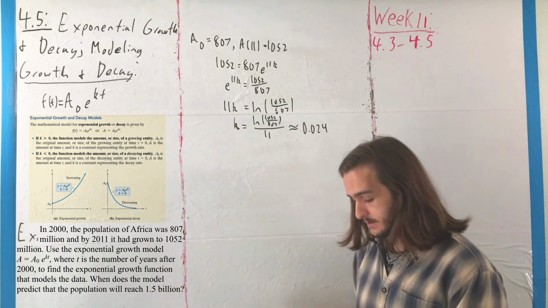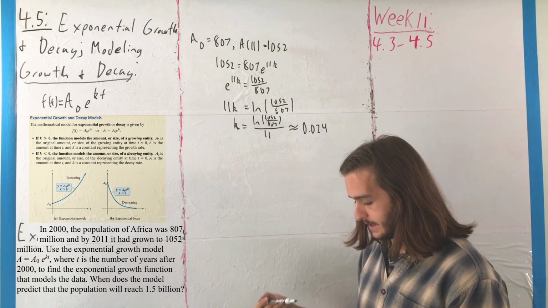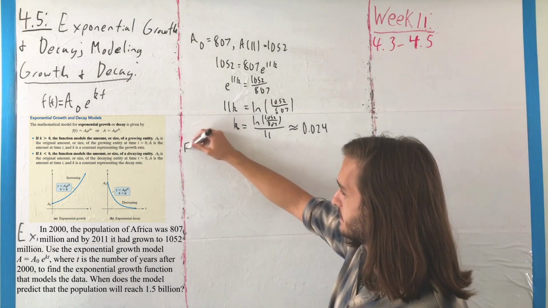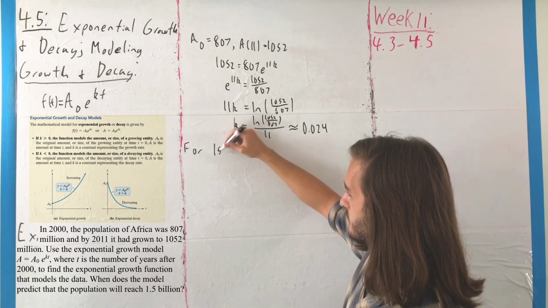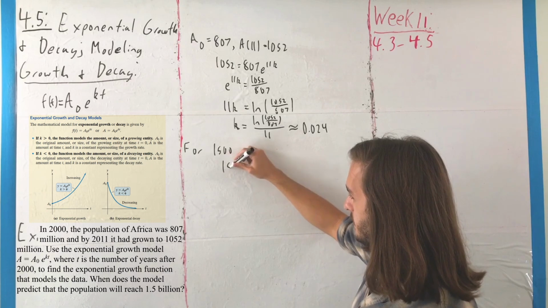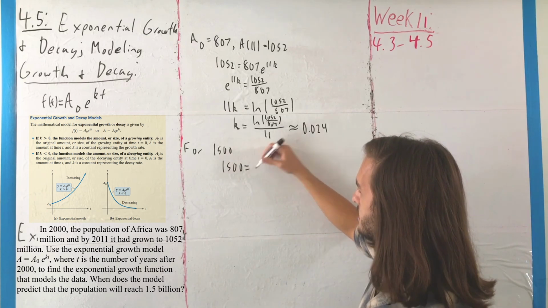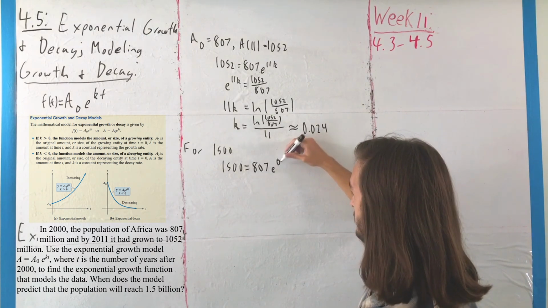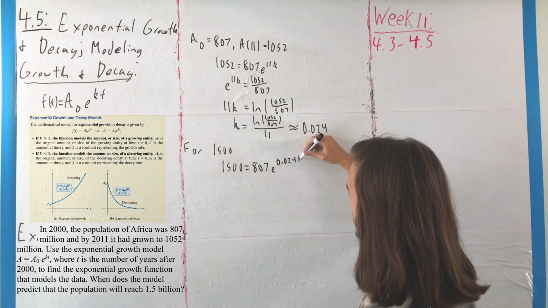Like in that second part there, where if we want to find out how long it takes to get 1500, that is 1.5 billion, what we would have to do is solve the exponential equation 1500 is equal to 807 e to the 0.024 k.